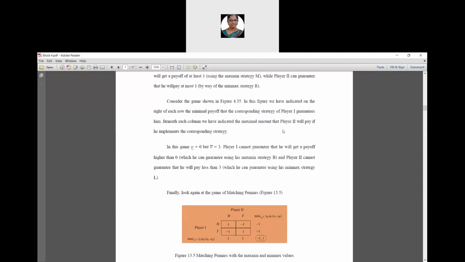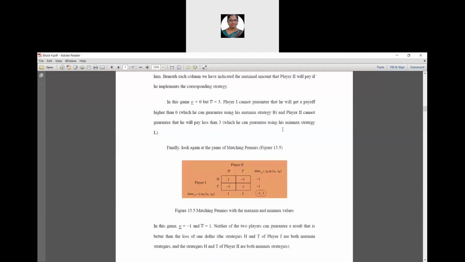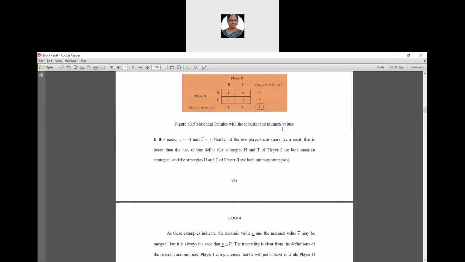See here in figure 13.5, matching pennies with maximin and minimax values. In this game, the maximin value is minus 1 and the minimax value is plus 1.